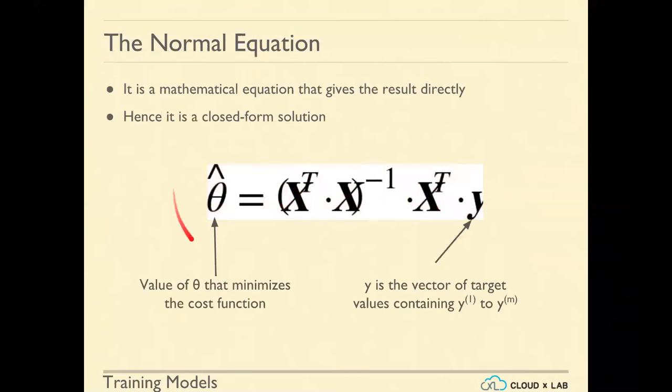This is called the closed form equation to solve for thetas. This basically finds the value of thetas based on n number of simultaneous equations. Based on n simultaneous equations, it computes the thetas.